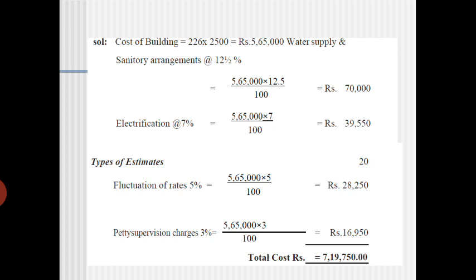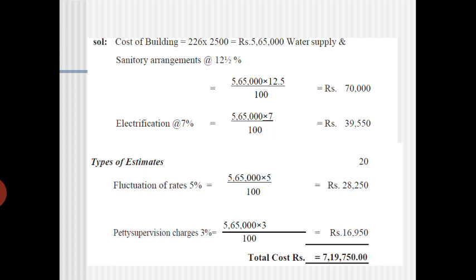In this fluctuation rates of 5%, you can see that it is 28,250, and some supervision charges they are applying here for 3%. So 3% of 5,65,000 is around 16,950.